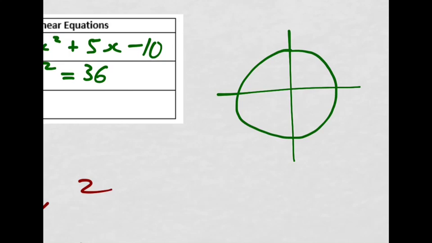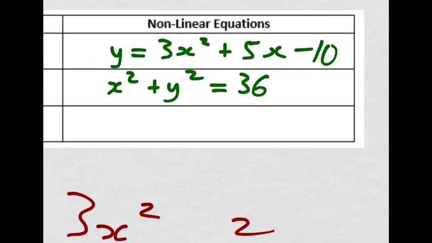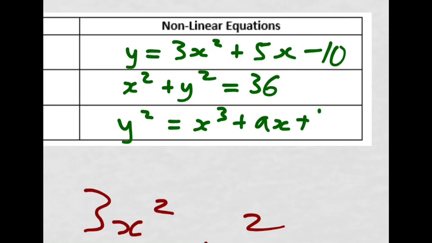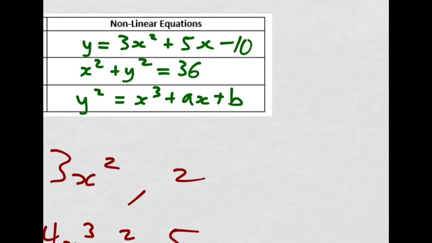What? How do you know all this? I don't understand. And here's one I recently learned about in my cryptography course. y squared equals x cubed plus ax plus b. This doesn't make sense. What is going on? This is a very cool kind of curve. It's called an elliptic curve.